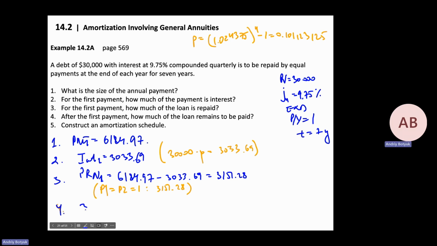We take 30,000 minus 3151.28, which is 26,848.72. And for the P1, P2, 1, I have the same thing, right? Yep.